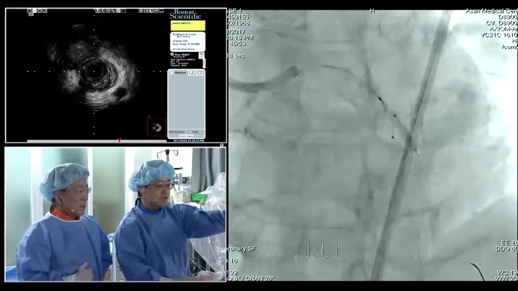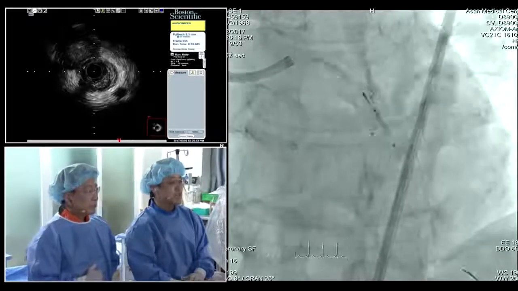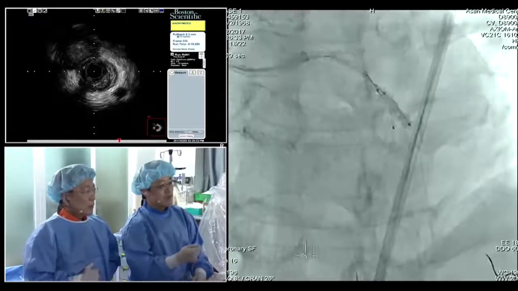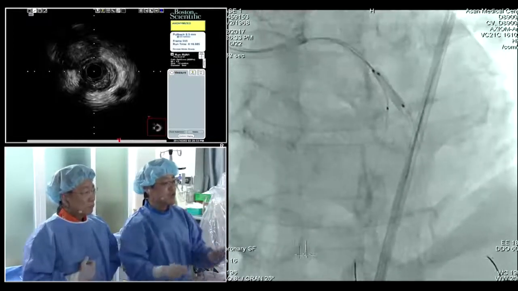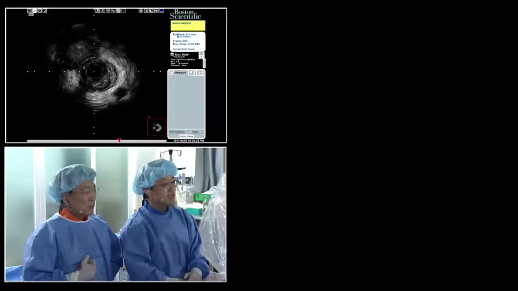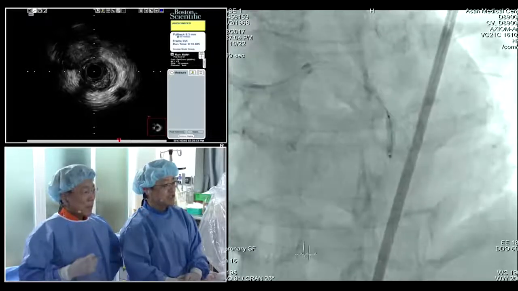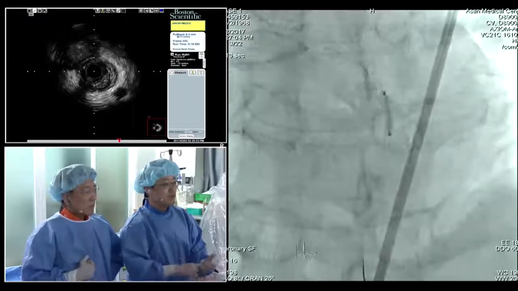The diagonal branch is 2.5. And then we did the balloon crush, and next. And then slightly pull back and high pressure balloon to ensure the ostium of the diagonal branch was bigger, and next. And then we removed the guide wire and the stent, and then pre-dilation using the non-compliant balloon, 2.75.